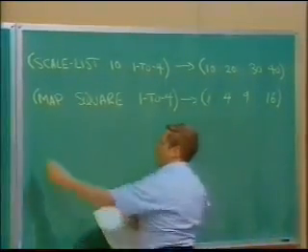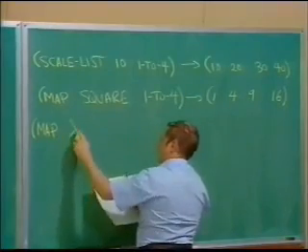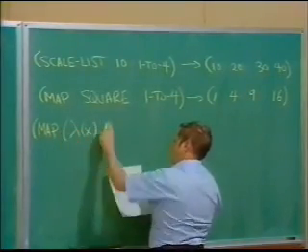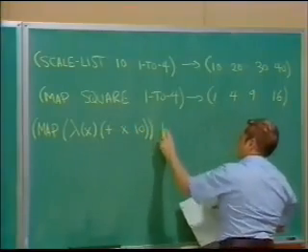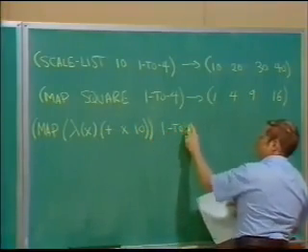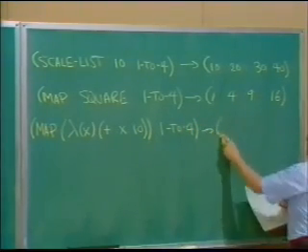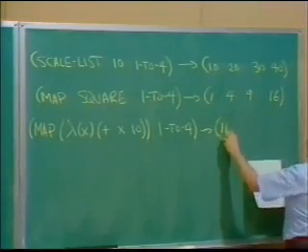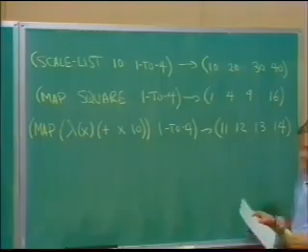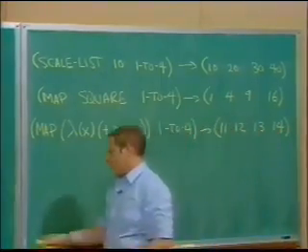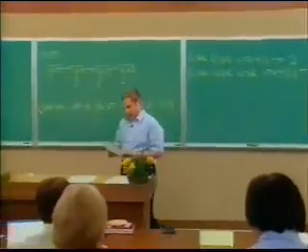Or if I said map down this list lambda of x, plus x 10, if I mapped that down 1 to 4, I'd get the list where everything had 10 added to it. So I'd get 11, 12, 13, 14. And you can see that's going to be a very, very common idea, doing something to every element in the list.